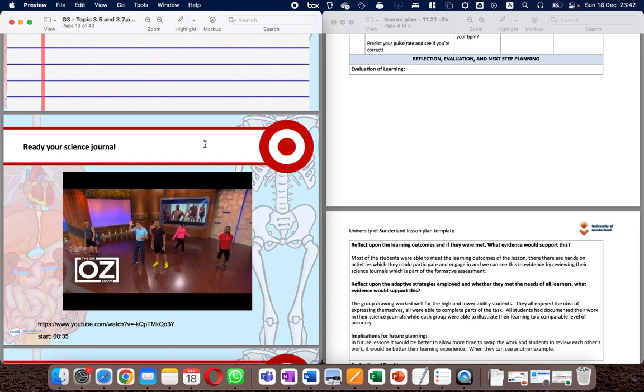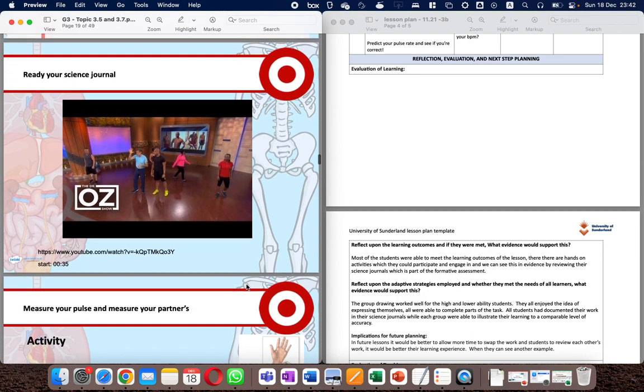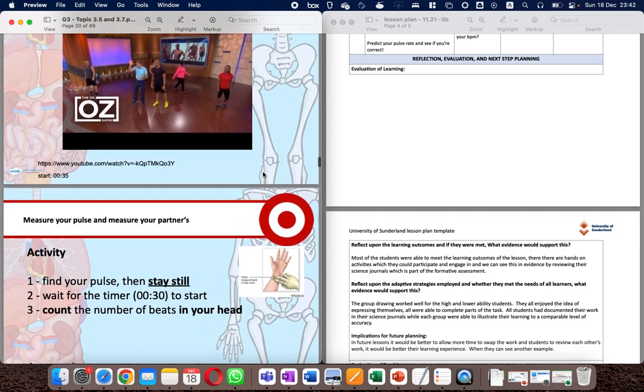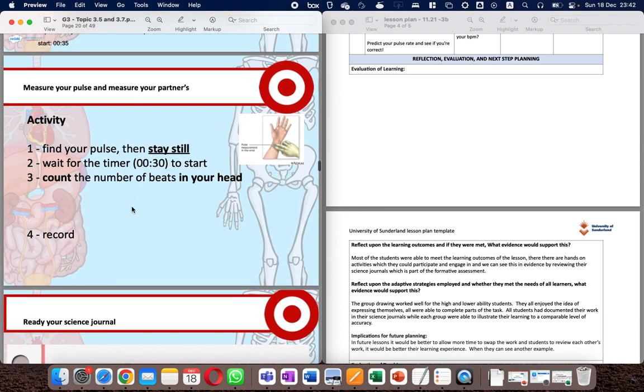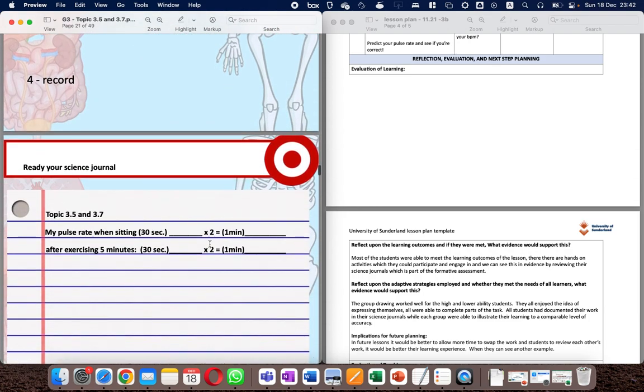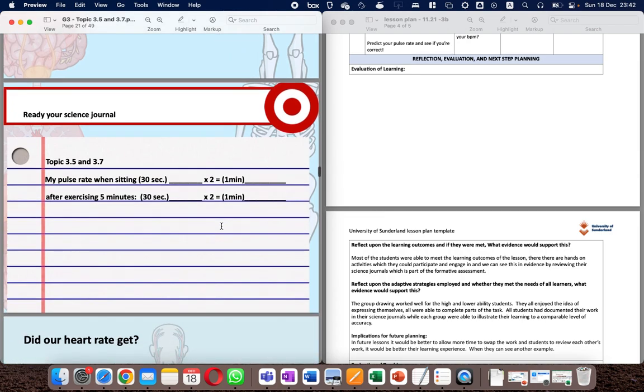Afterwards, they do some exercise, following an exercise video for about 30 seconds, and then they find the pulse rates again. And then they measure, write down, and record their findings.